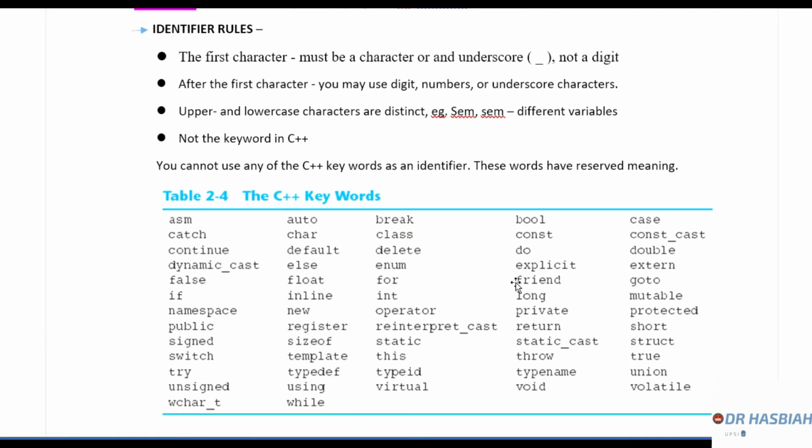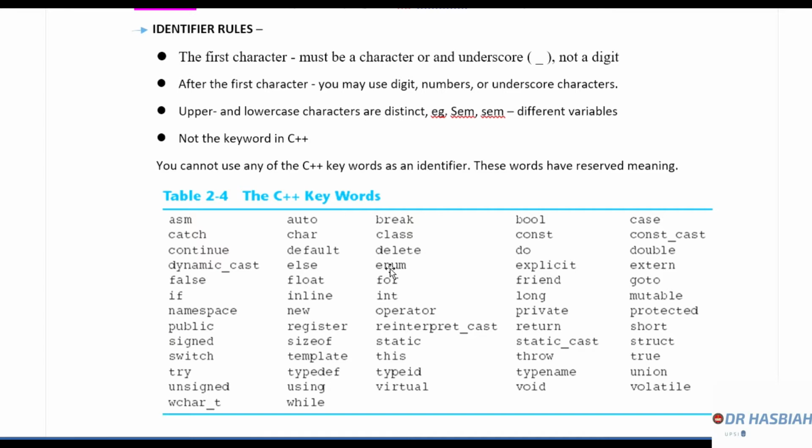Now these are the keywords in C++. All the keywords in C++ are in English and in small letters, so you cannot change any keyword in C++. You may come across all these keywords as you learn a lot of topics after this.